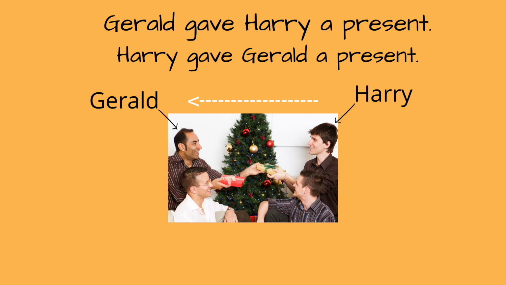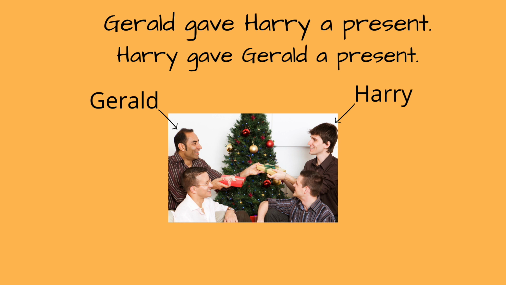Gerald received Harry's present. And Harry was the recipient of Gerald's present. Harry received Gerald's present. So both Gerald and Harry did the same action for the other. These are reciprocal actions. They are reciprocating.